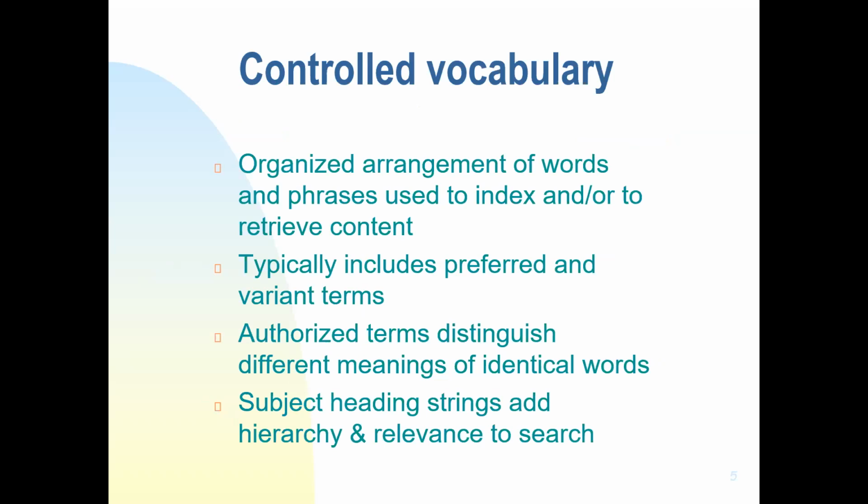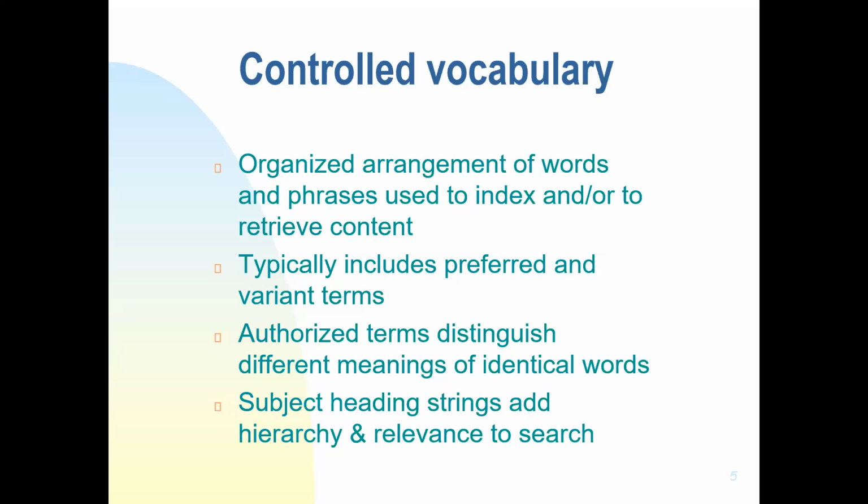Controlled vocabulary establishes consistent terms to bring together resources on a particular subject. LC subject headings are an example of a controlled vocabulary, but there are many others. So controlled vocabularies establish authorized terms to be used consistently in bib records.